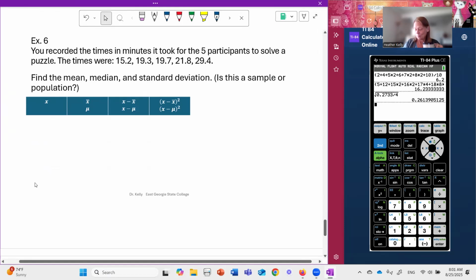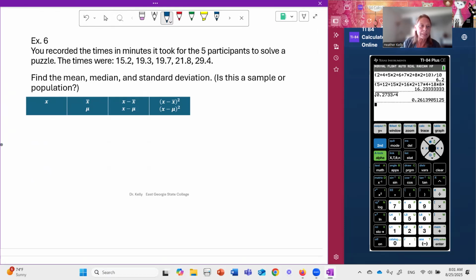Here's a you do for you to do. Now, I do want you to ignore this. I meant to take this off, I'm just going to scribble it out. That is just if we were given the entire population, and I'm sure not going to do that this semester. So this is a you do for you.